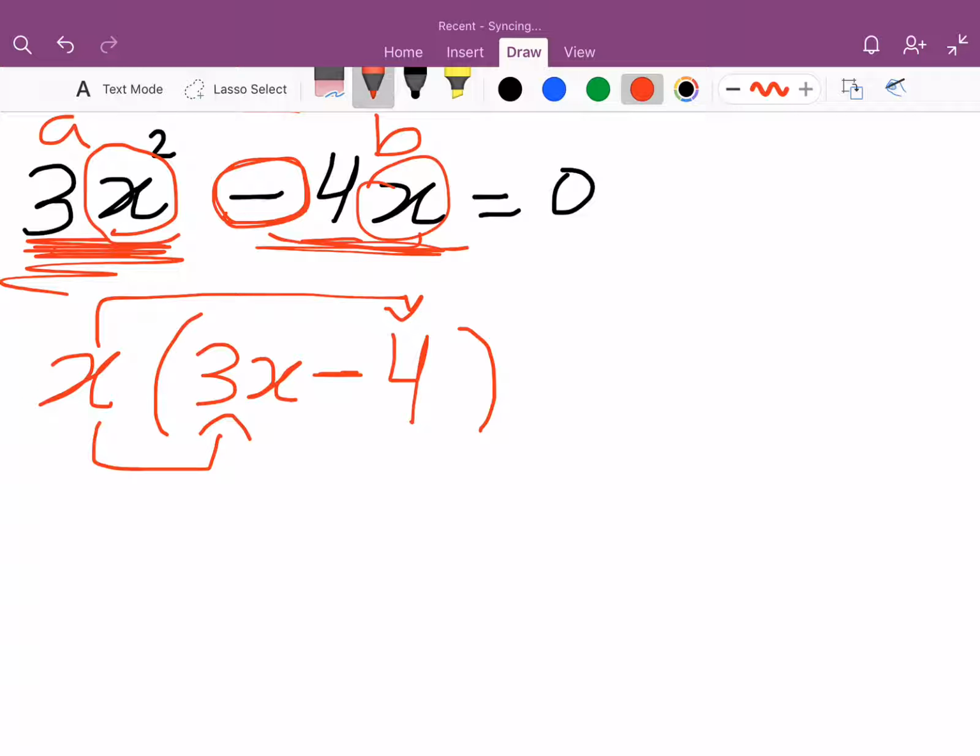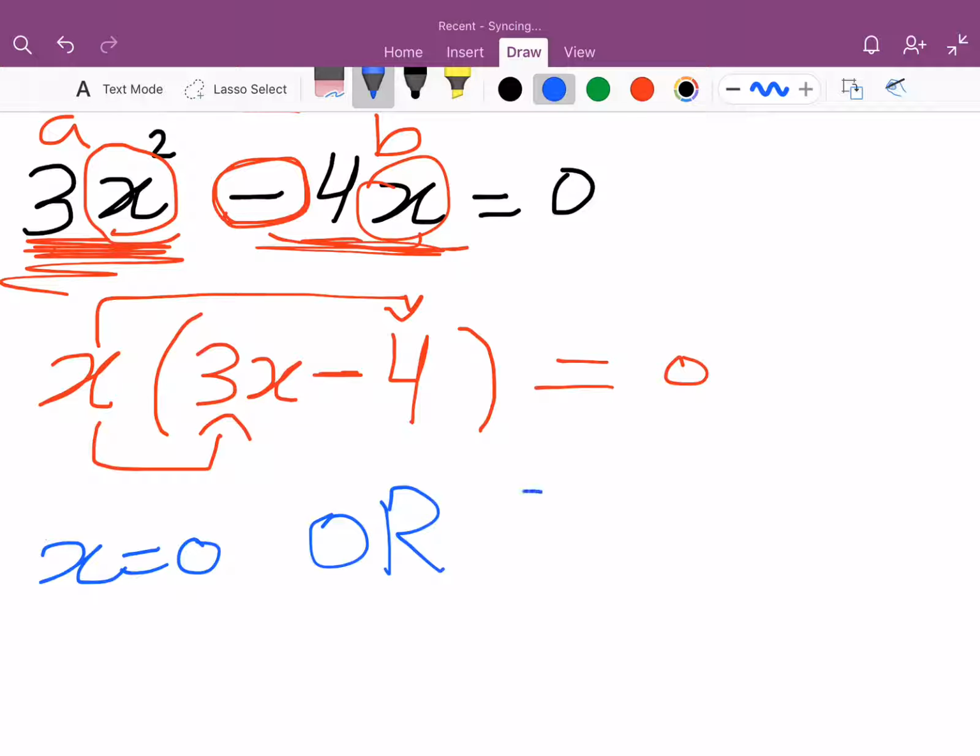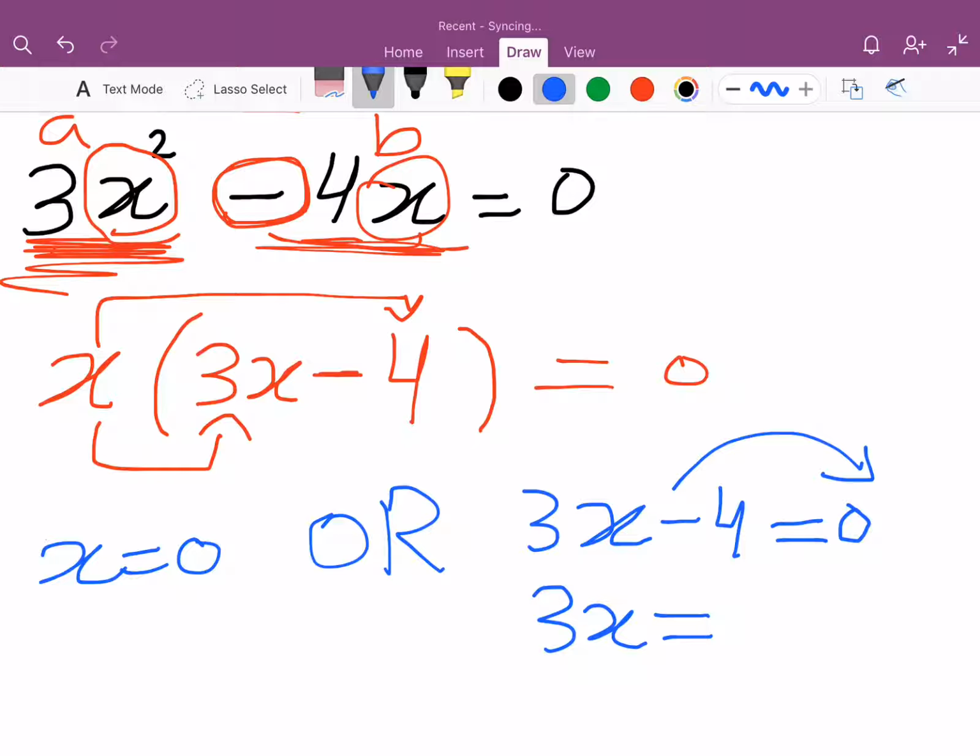And so equals 0. Then I write x equals 0 or 3x minus 4 equals 0. Then 3x equals, I move the 4 to the other side and change its sign, so I write a positive 4.